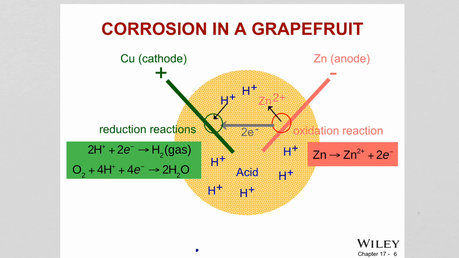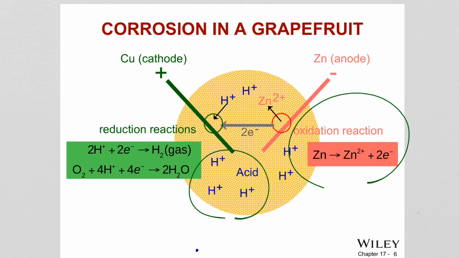So zinc will dissolve and the electrons will transfer to the copper, and at the surface of the copper, the hydrogen ions are getting the electrons, and zinc is dissolving. There's the oxidation reaction, and also in the environment there are hydrogen ions.